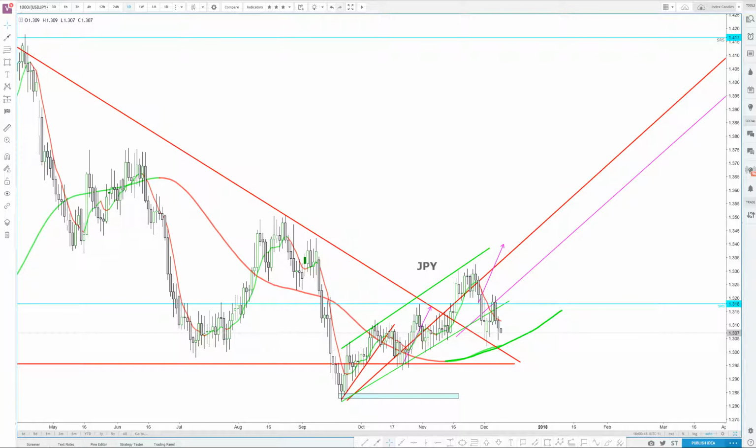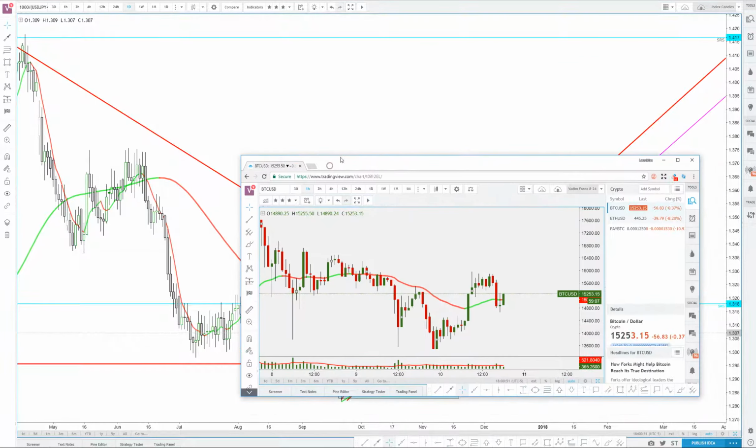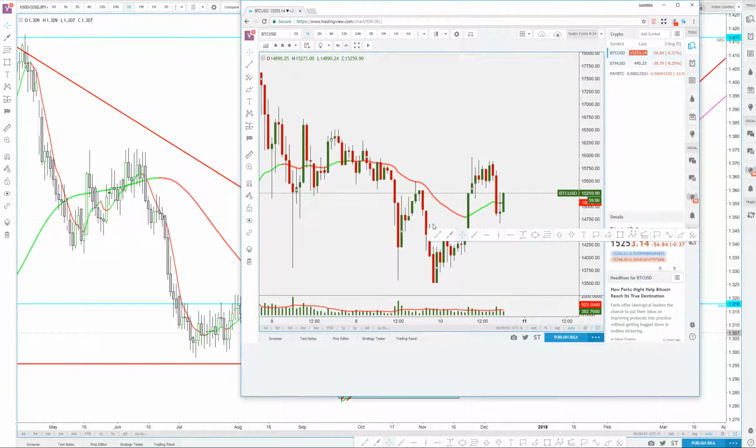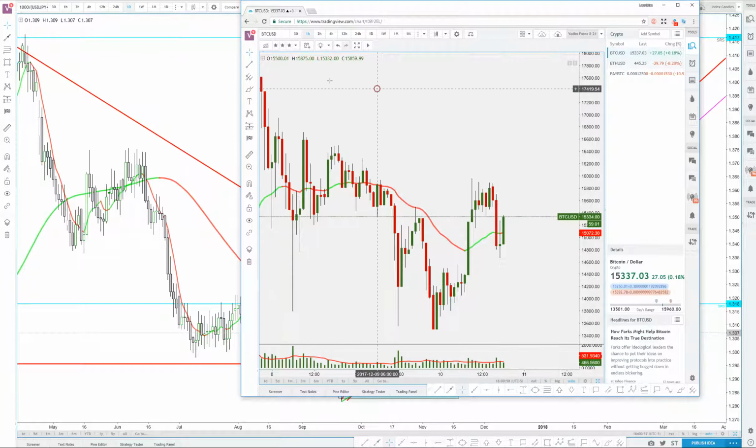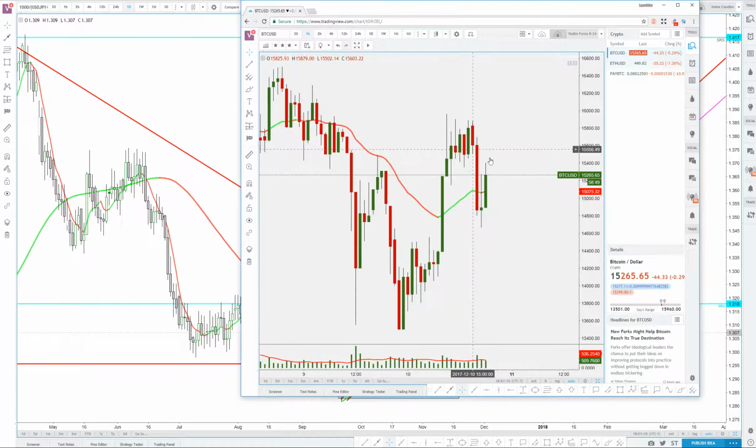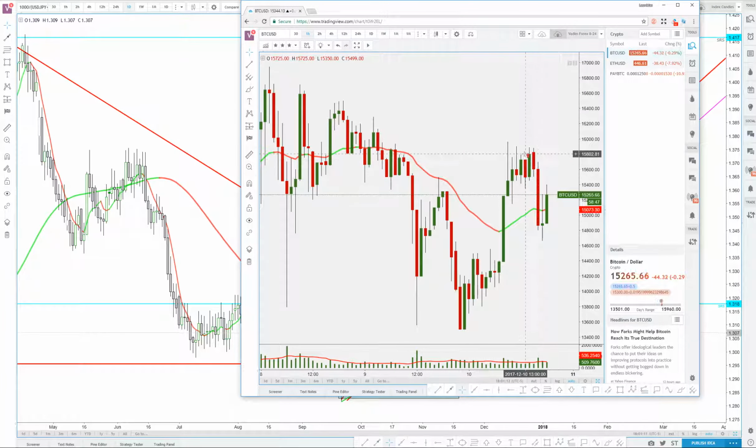Let me throw in a Bitcoin here for you. So this is happening live right now. This is on Coinbase, but my futures charts on NinjaTrader are not moving. I probably got the wrong symbol or something. Let's see.